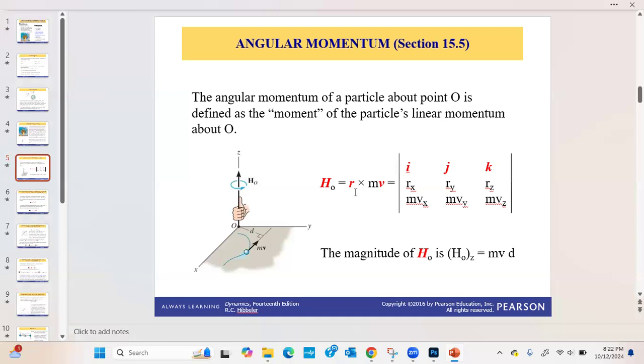So it's R cross mv, and we call that H naught. The magnitude of H naught would just be mass times velocity times that distance. So it's very similar to the moments we took in statics, only now it's angular momentum because we're taking a moment and treating that as if it were causing a rotation about the point.